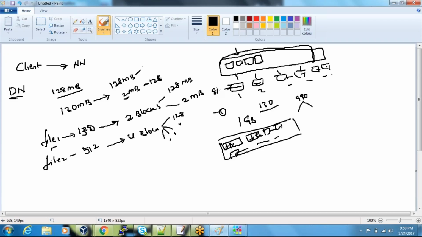While setting up the cluster itself, the admin will set, say, my threshold is 60%. So it will make sure that none of the machines get full.